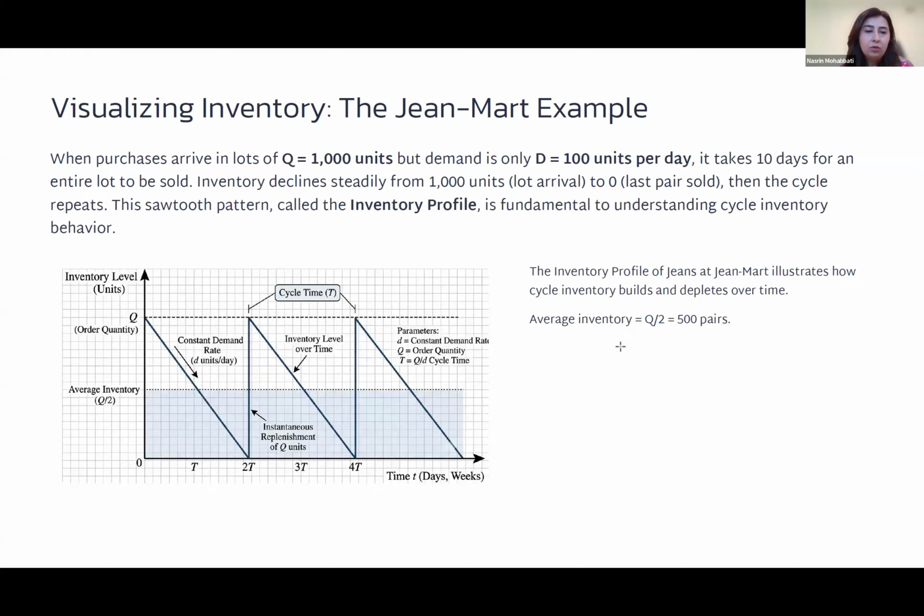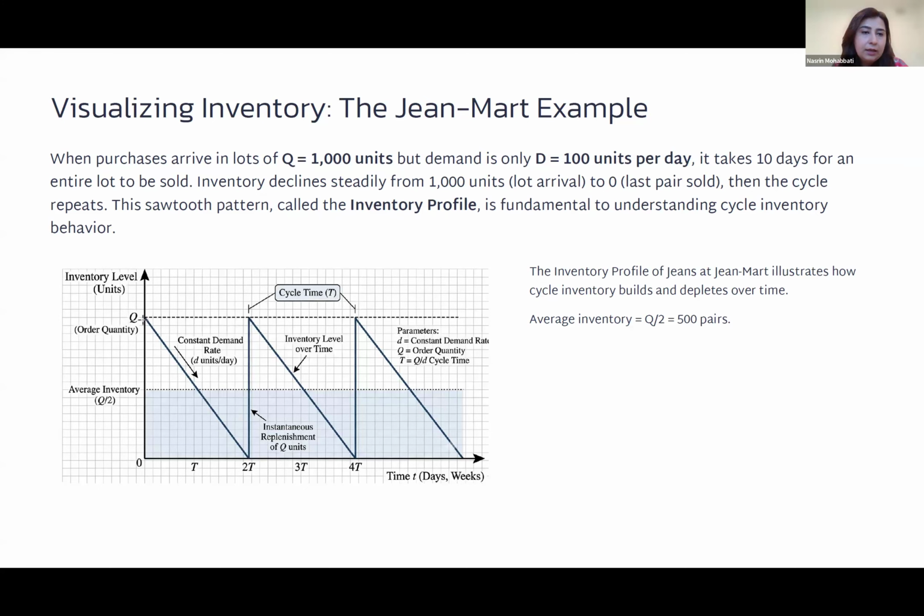But what is that inventory? So let's take a look at this graph. The y-axis shows the quantity Q, or the order quantity, as well as the amount of inventory that we are keeping in the system. And the x-axis shows the time.